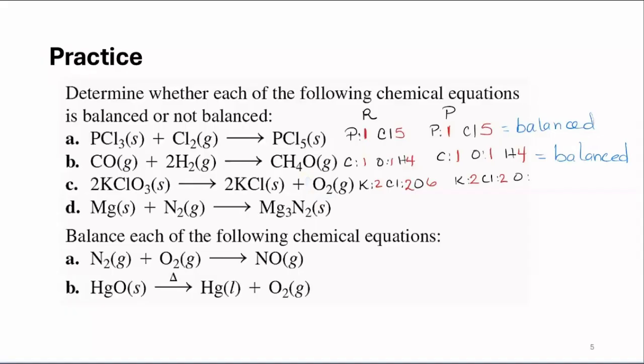So in the product, I only have 2 oxygens. So when I look at my count, because potassium is balanced, chlorine is balanced, but oxygen specifically doesn't have the same number, that means that the chemical equation on letter C is not balanced.